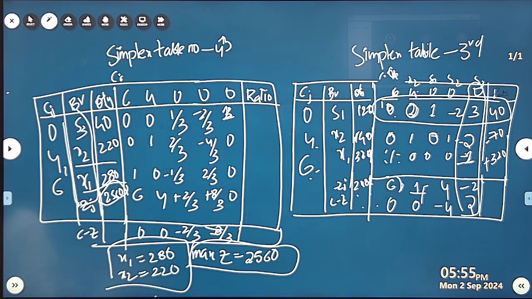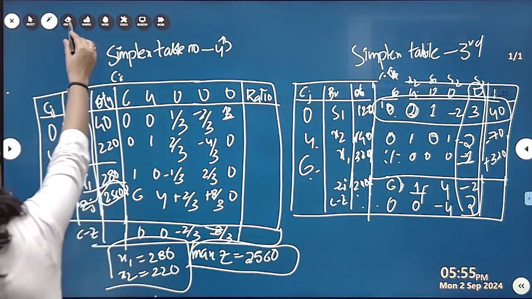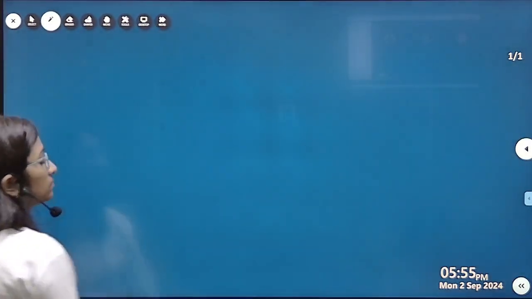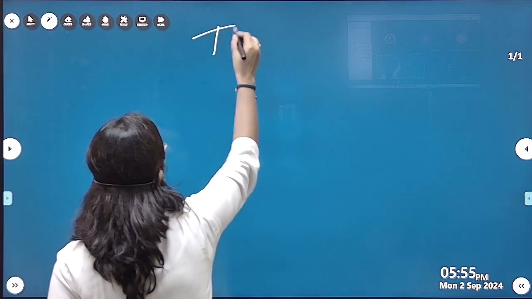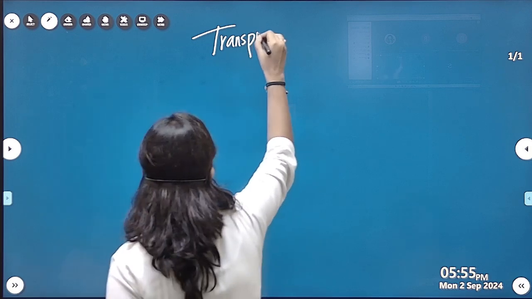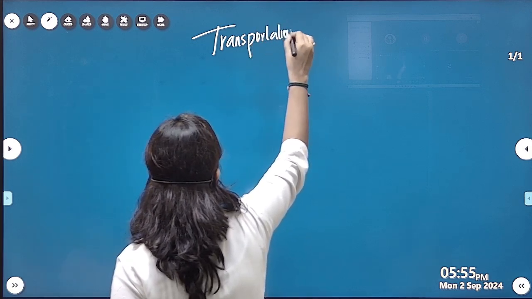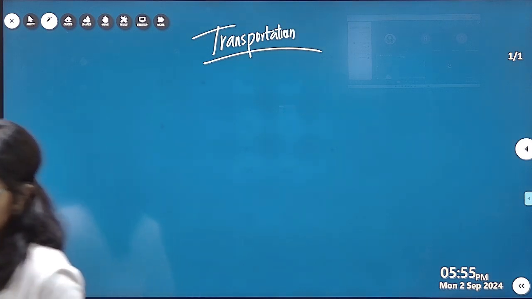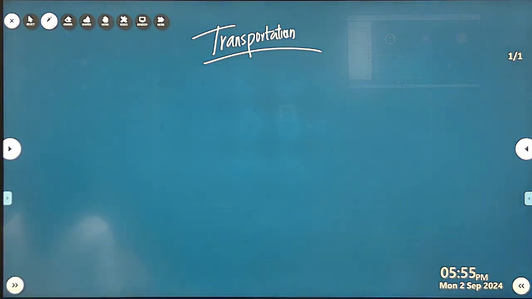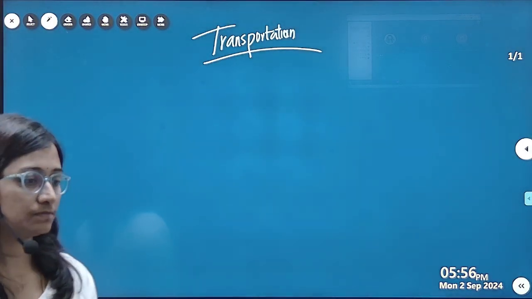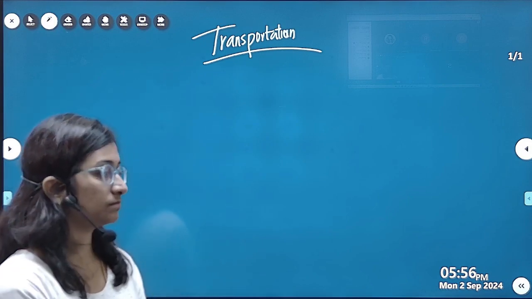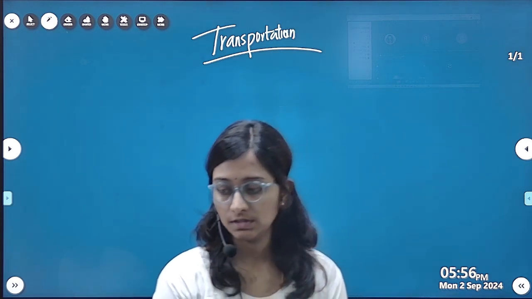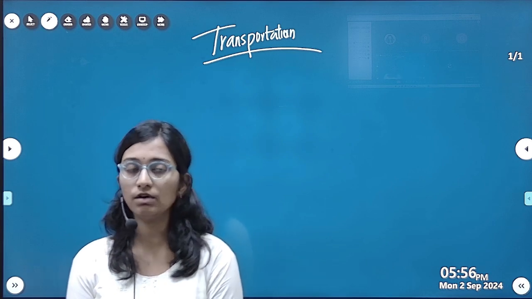Write down: transportation. Transportation problem is a specific type of linear programming problem, a special type of LPP.